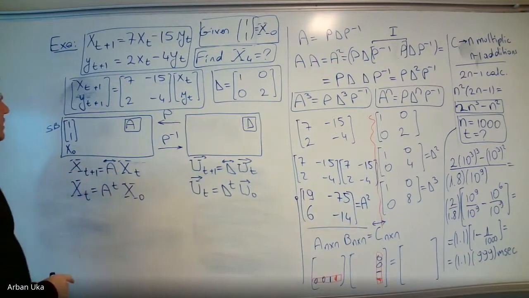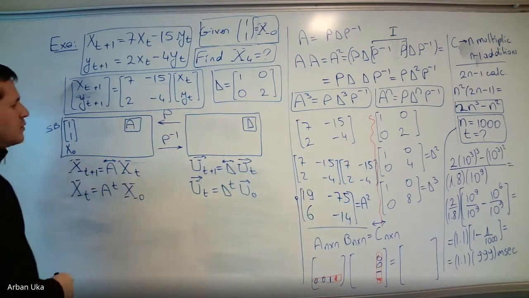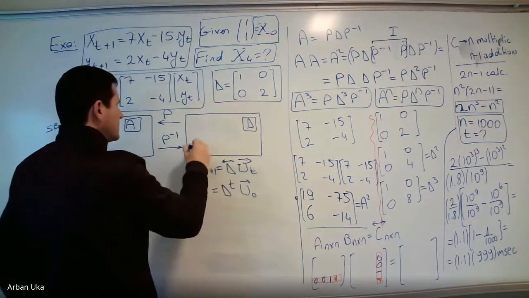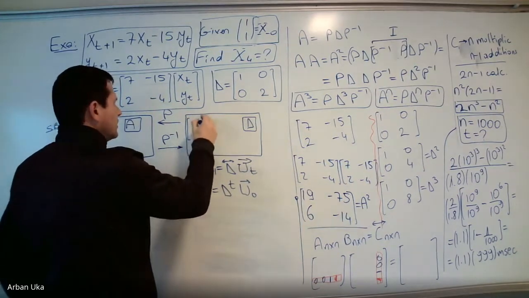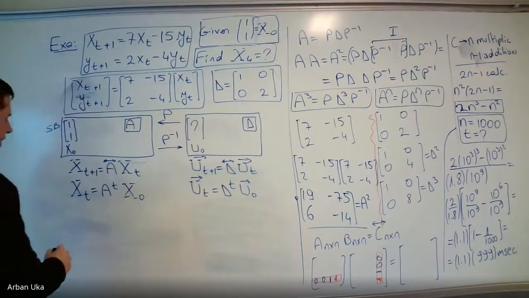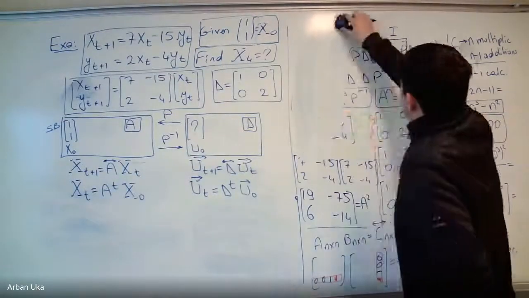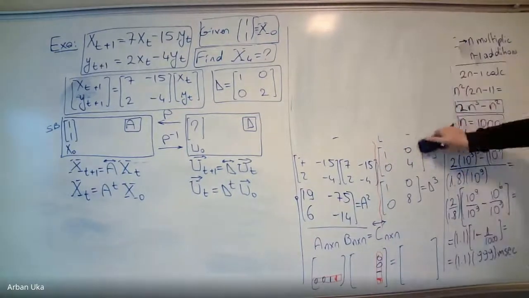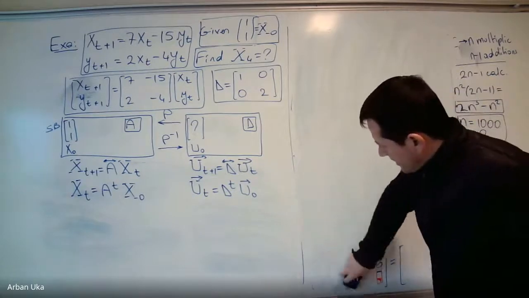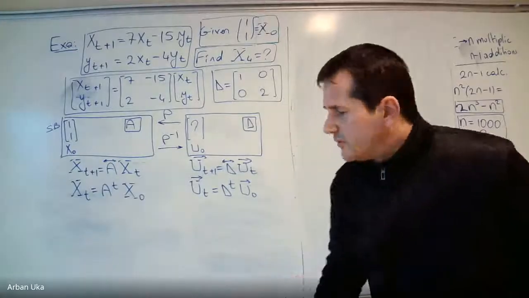Before we solve this, we say, okay, if the initial conditions are 1, 1 in the standard basis, how do they look like in this basis? So what is U0? This is the first question. What do we need to find U0 in the new basis? We need P inverse, that's correct.